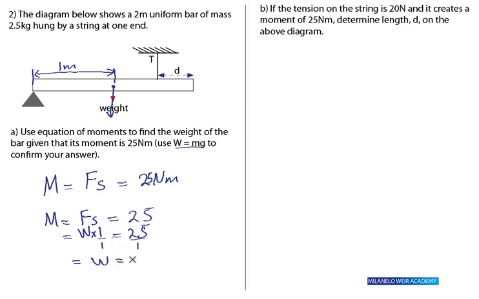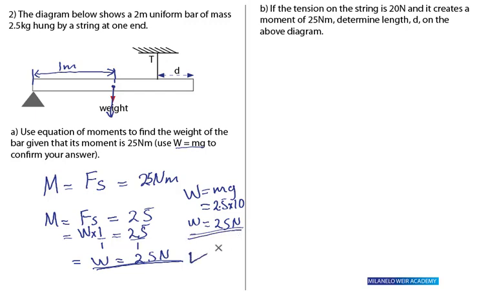Therefore, weight is equal to 25 Newton. To confirm that, weight is equal to mg, mass is 2.5 times 10, g is 10, right? It's 2.5, this is 25 Newton. Confirmed, which means this is correct, right?